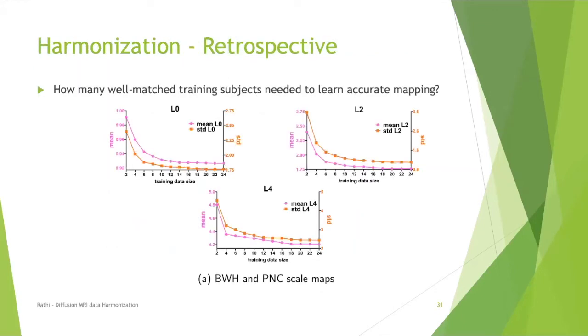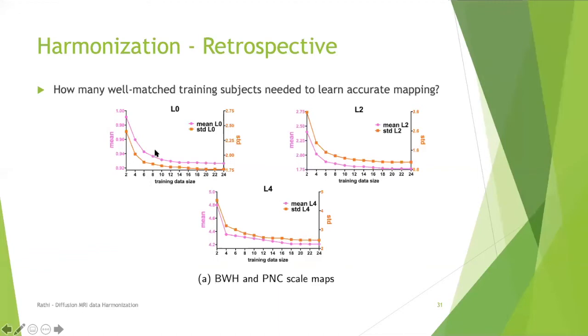So an important question for harmonization, when you do this raw diffusion harmonization, is how many well-matched training subjects do you need from each site for accurate mapping? And this is what we did in these plots. These plots show you how the average scale map that we calculate changes when you keep increasing the number of training data sets.